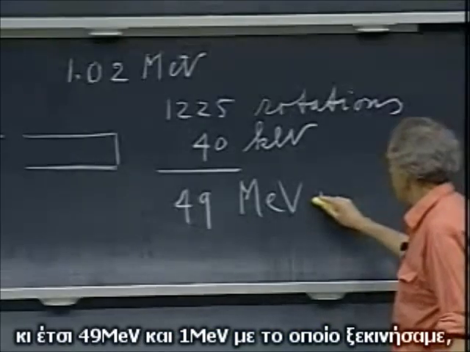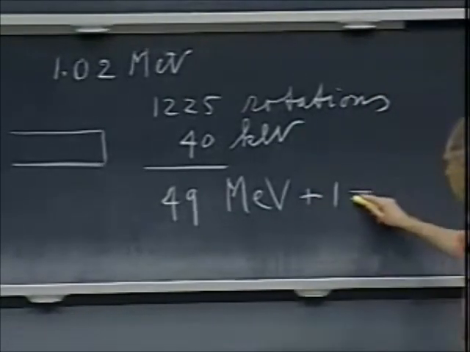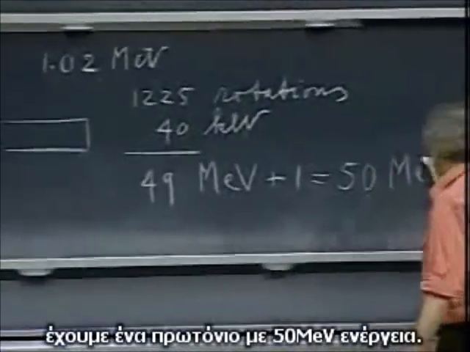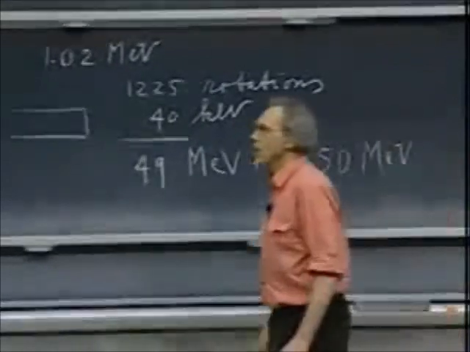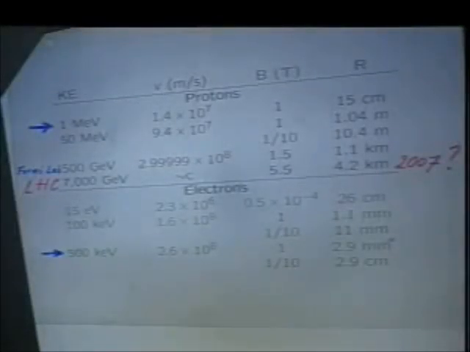And so now you have 49 MeV plus the 1 MeV that you started with, so now you have a 50 MeV proton. You see the second line there? There we have that 50 MeV proton that I discussed with you earlier.